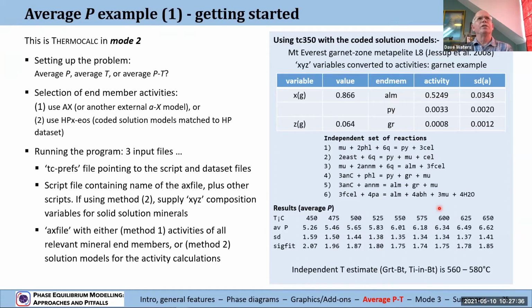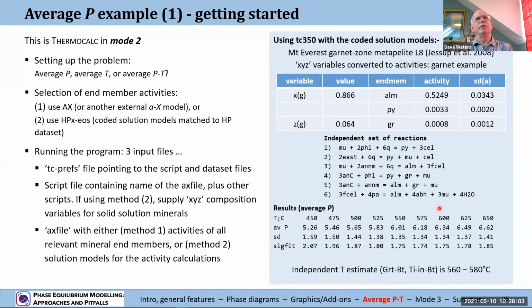You can use Tim Holland's program AX or some other way of estimating external activities. In principle, it should be one that's compatible and consistent with the models that you're using. There might be problems with that. Perhaps we can discuss in more detail at some point, but that's one way of approaching the calculation.